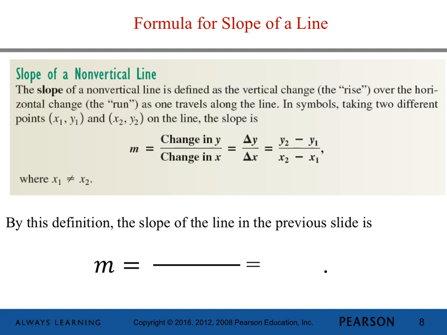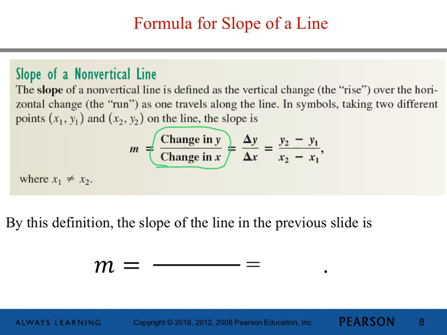So we have a formula for the slope of a line that's based on delta y and delta x. The slope of a non-vertical line is defined as the vertical change, which sometimes we call the rise, over the horizontal change, which we sometimes call the run, as one travels along the line. In symbols, using the two different points (x1, y1) and (x2, y2), the slope is given by, once again, the change in y over the change in x.